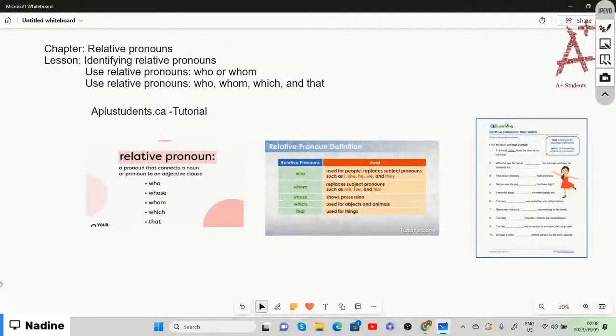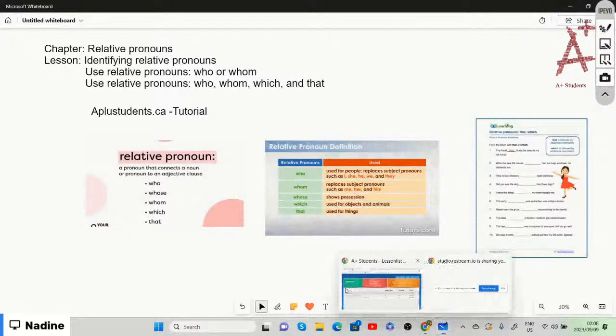Then we have whom and who, which are basically used for people, and who replaces the subject pronouns such as I, she, he, we, and they, and whom replaces the object pronouns me, her, and him. So those are the relative pronoun definitions.